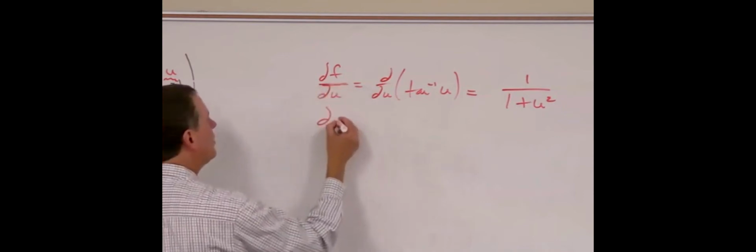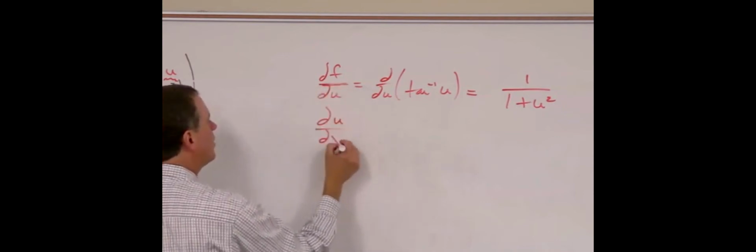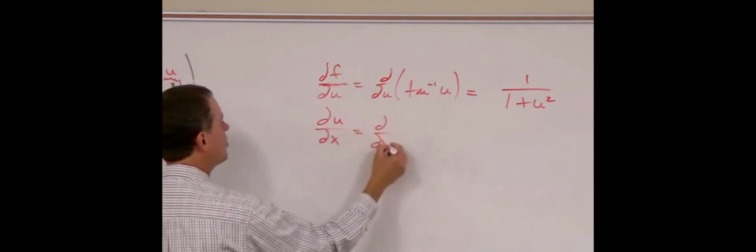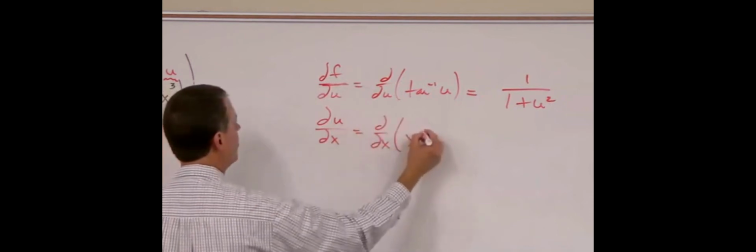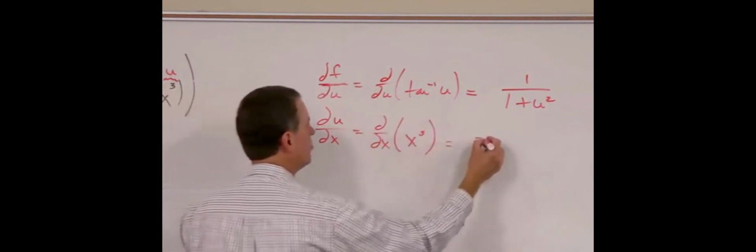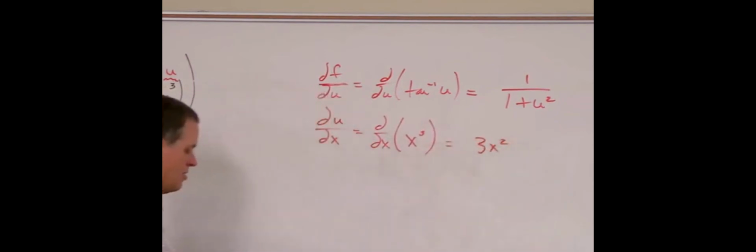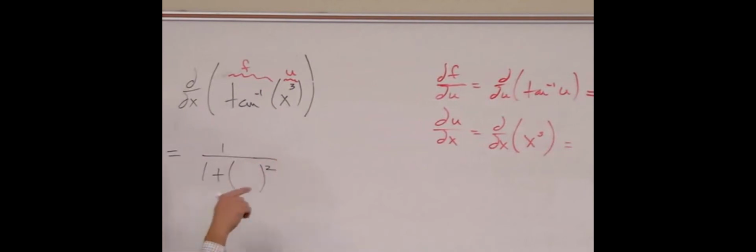But we have to do the chain rule, and we have to do the derivative of u with respect to x. So the derivative with respect to x of x cubed is 3x squared. Putting that all together, the derivative of f with respect to u is 1 over 1 plus u squared. But u isn't simply u, it's actually x cubed.